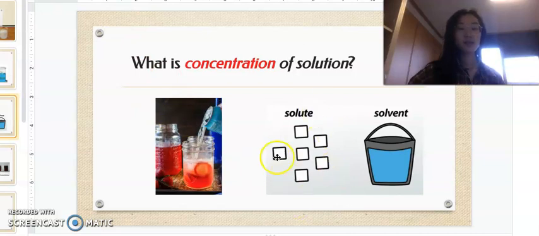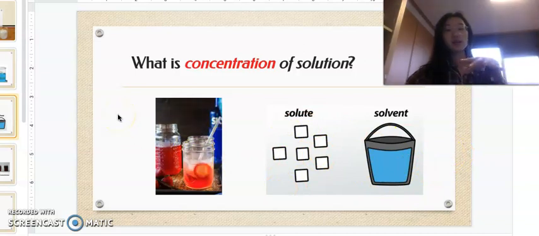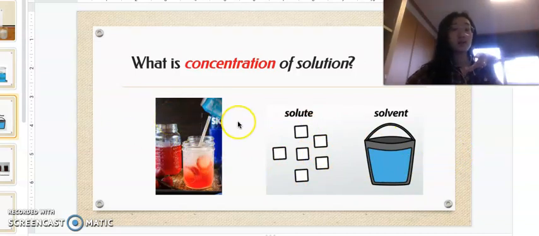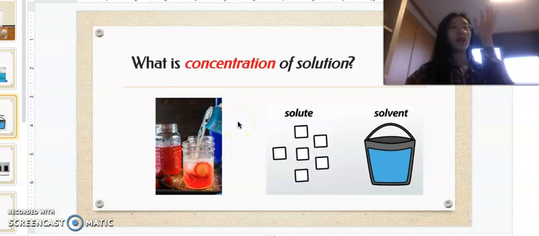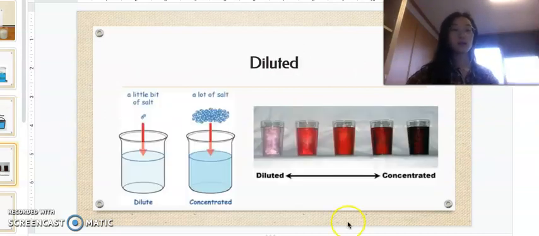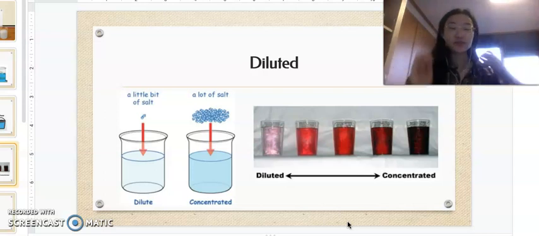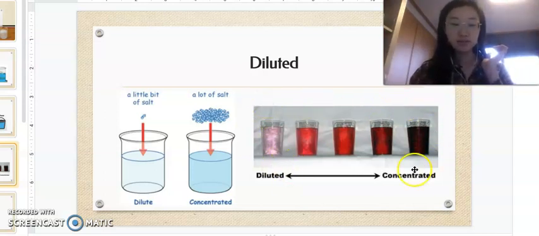So for example, the solute over here, we have some sugar cubes. The solvent is the water. The more you put in, it's probably going to get sweeter. And the less sugar you put, it'll be less sweet. So in other words, there's like a spectrum of what would happen. Look at this picture over here.